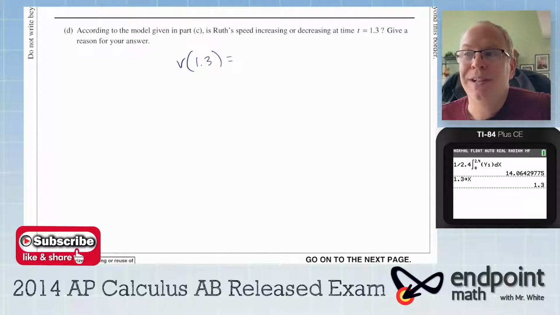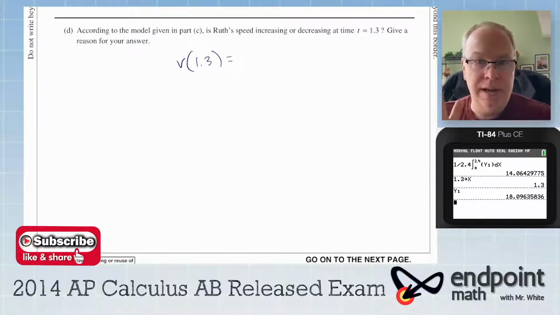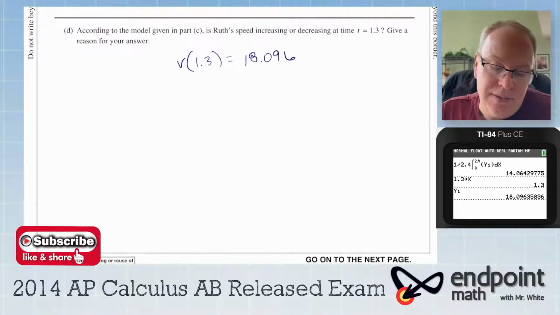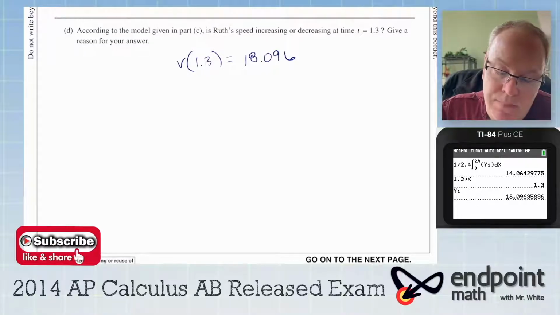I'm going to select vars, y variable function, number 1, and basically it's going to execute that and run 1.3 through that function. I didn't have to type it in again. It sure saved a lot of time. So this is 18.096. All right, and this would be miles per hour.